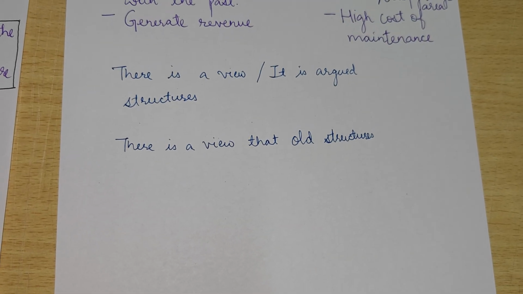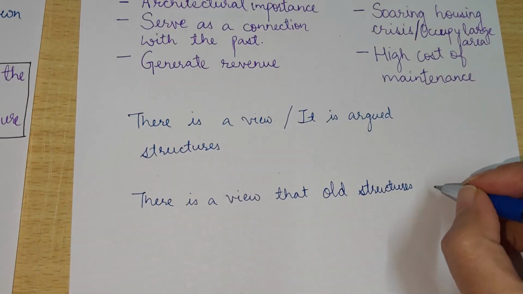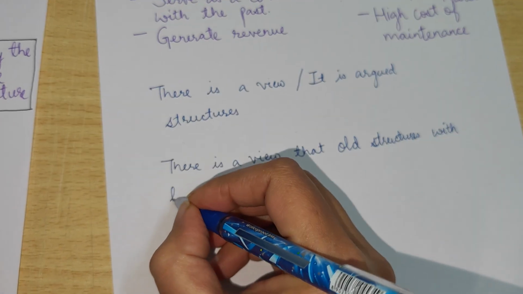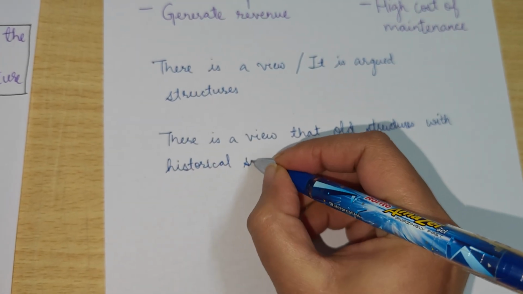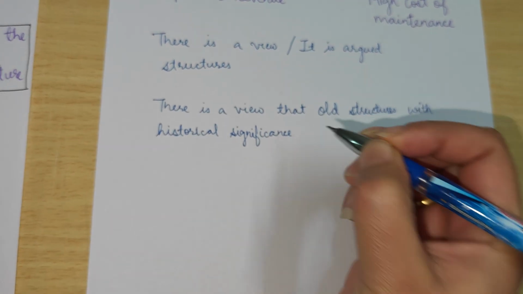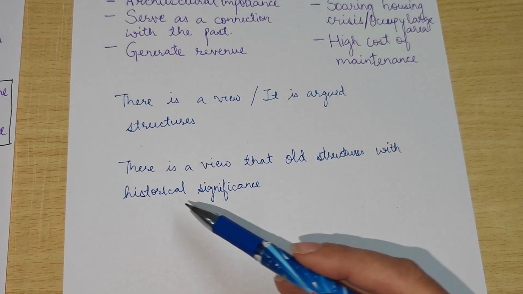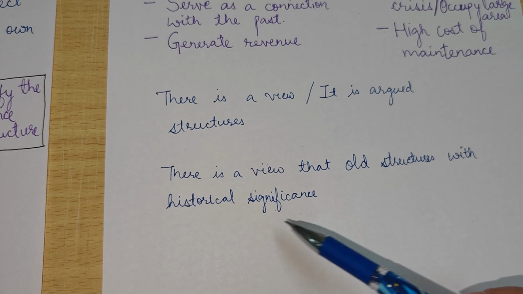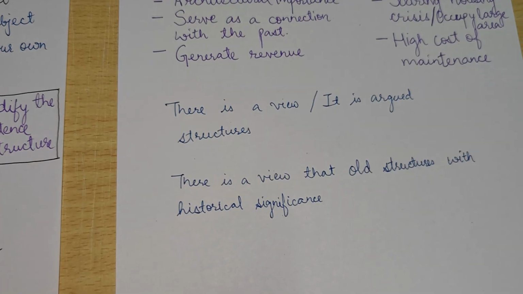For this that are historically important, I can say with historical significance, or you can also say relevance. But I am using significance, right? For historically, I have changed it into historical. Important, I have made significance. So I have changed both the words. The form of the word historically is changed into historical.